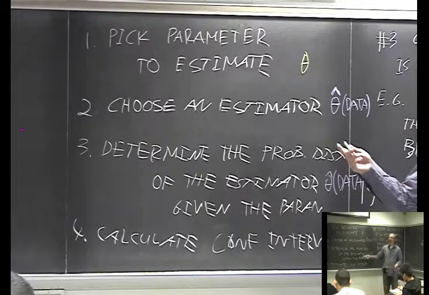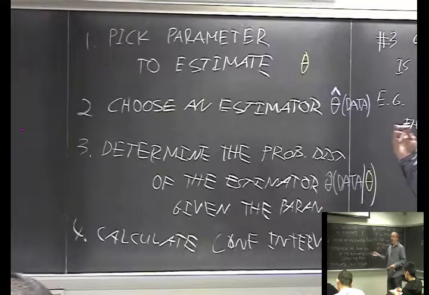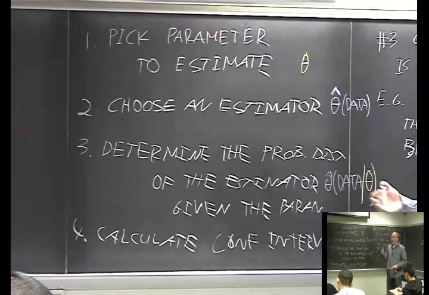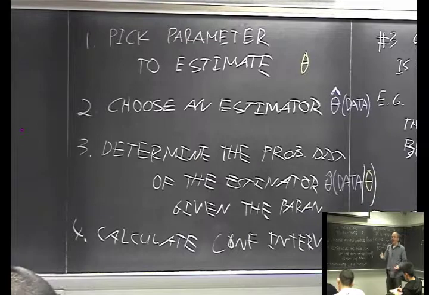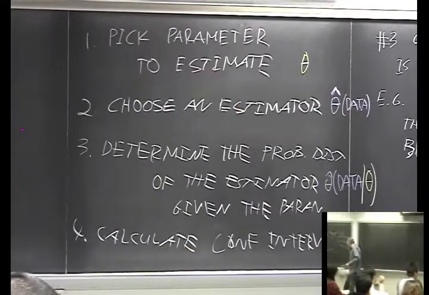Green is the true value. It's fixed. It doesn't change. We may or may not know it. Purple is the data. If you have one finite sample of data, it's fixed. But when you think in terms of probability theory, it's a distribution over all possible outcomes of data. So let me put these colors here.